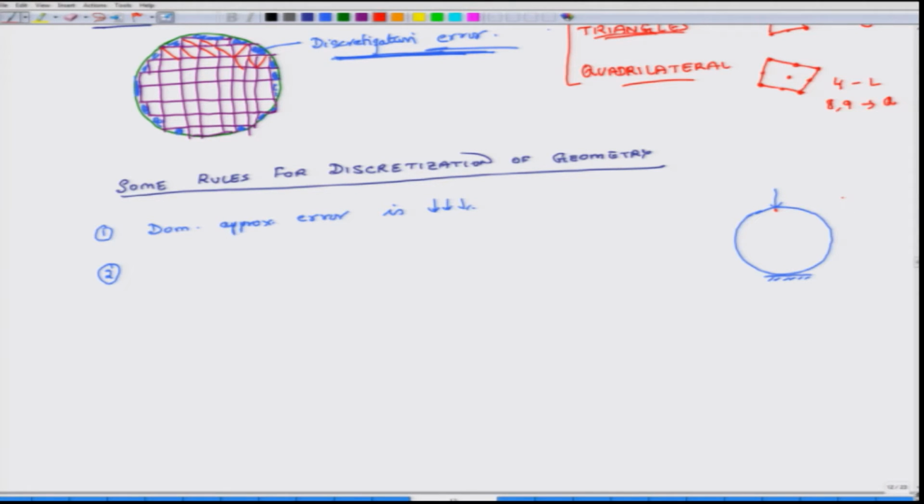Now, in reality that does not happen, because material will yield, but theoretically stresses will be very large here, but as you move away, stress will become less.